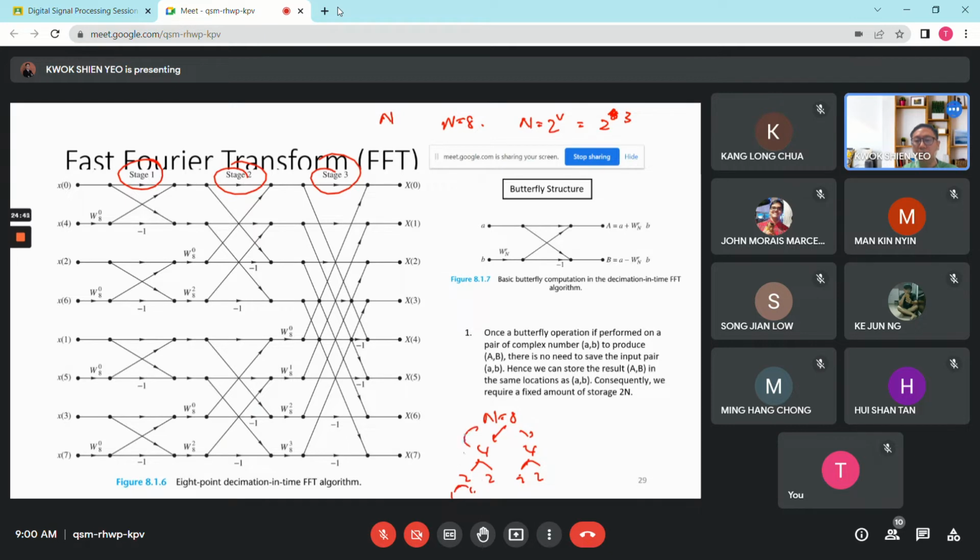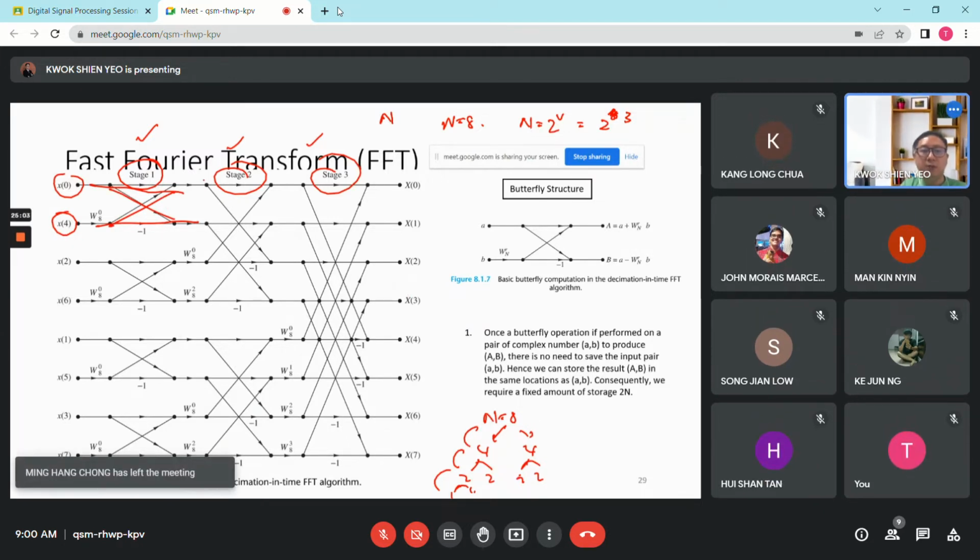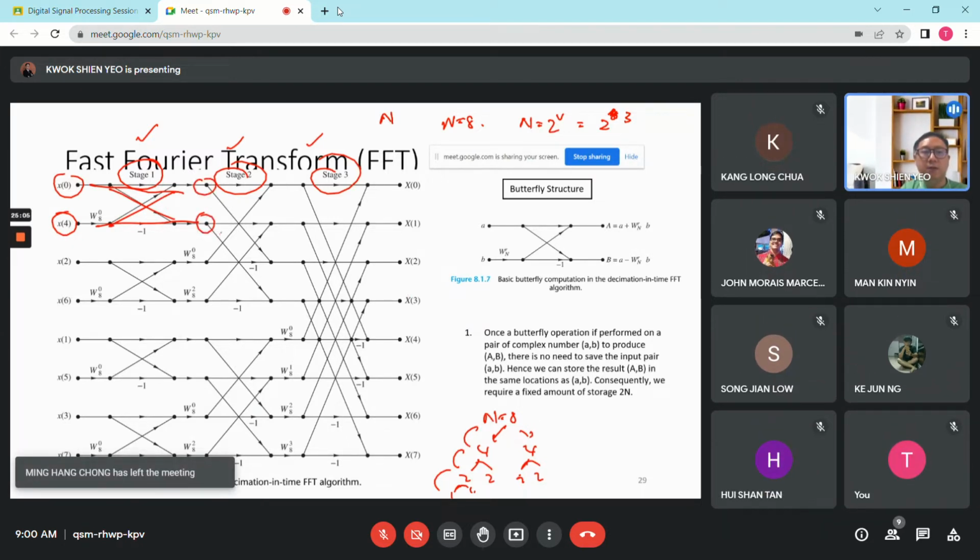So there are three stages here: stage 1, stage 2, stage 3. After you break it into the smallest FFT size, then you can perform this butterfly structure to get the values here.